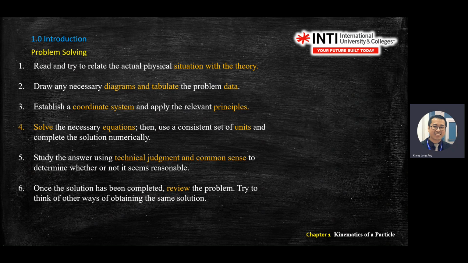Then number 3, you do calculation. Number 4, you make judgment. What is the value that you see? Normally, this is B section, you calculate.